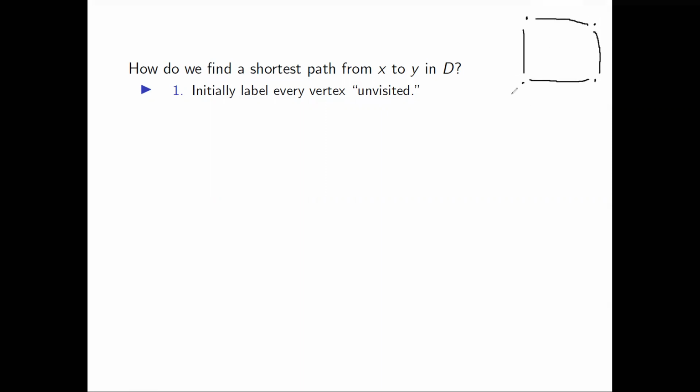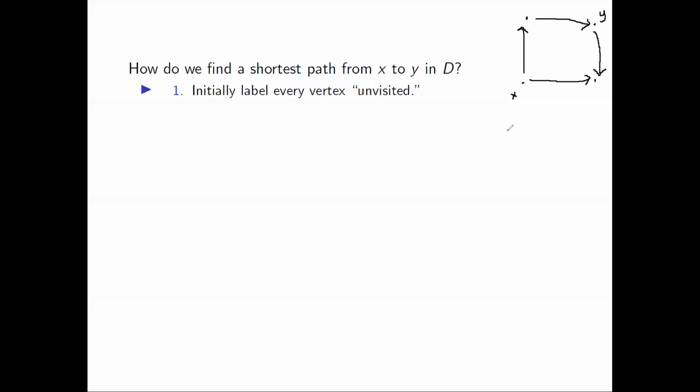And we'll say, here's our vertex x, here's our vertex y. We're trying to find a shortest path from x to y in this graph. We'll assume it's a directed graph here. Okay, so we'll initially label every vertex as unvisited.